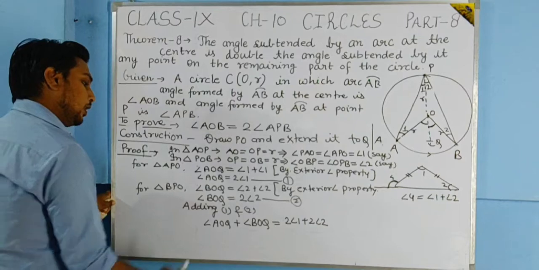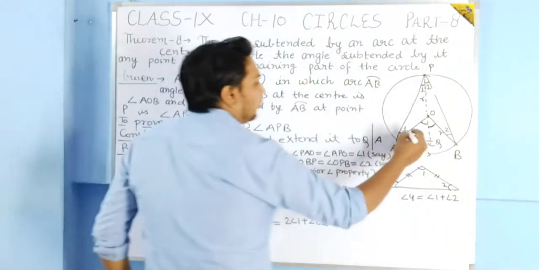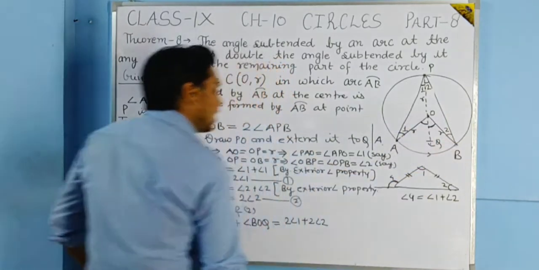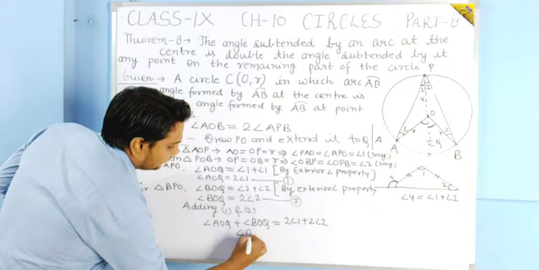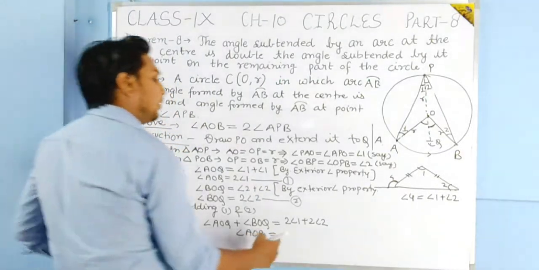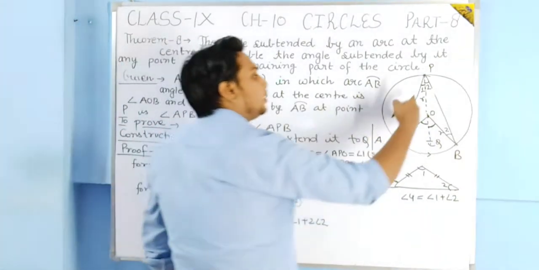Now angle AOQ plus angle BOQ, if you add this angle and this angle, you will get the whole angle, angle AOB. And if you take 2 as common, then angle 1 plus angle 2.